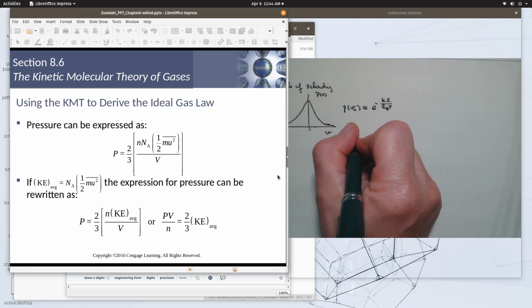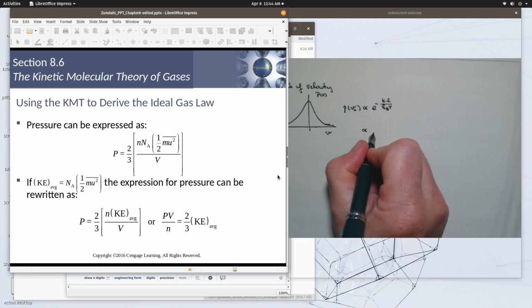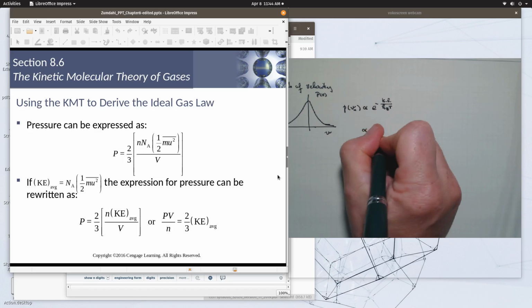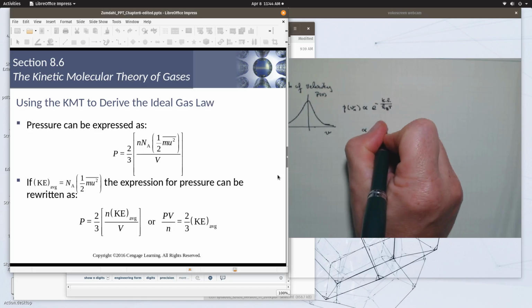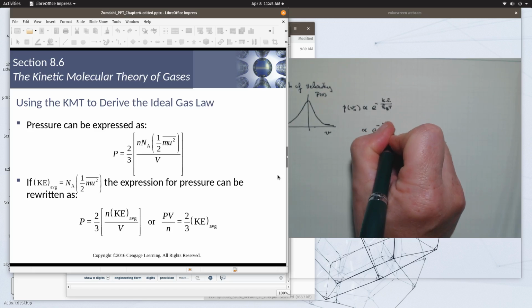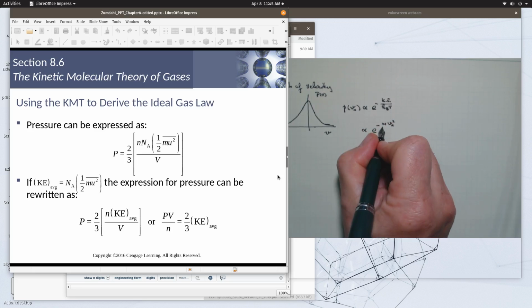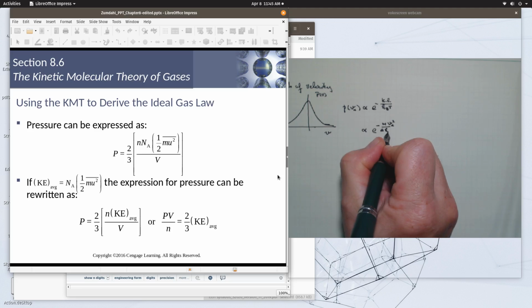So it's proportional to the exponential e to the minus mass times the velocity in x squared divided by 2 kBT.